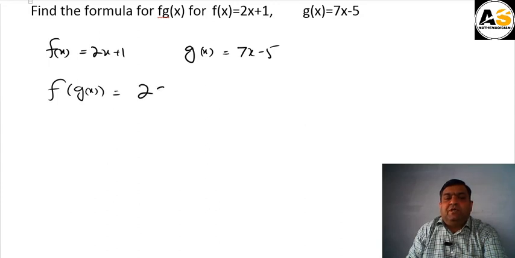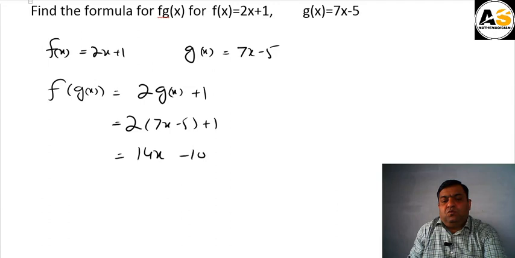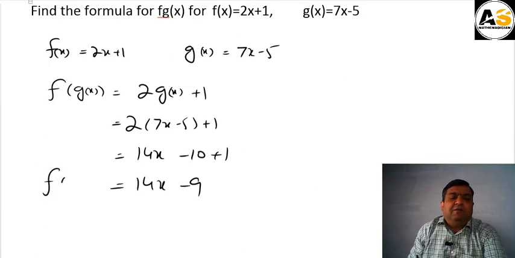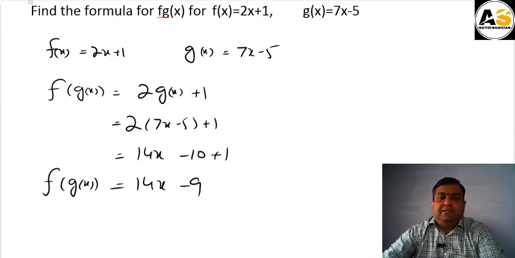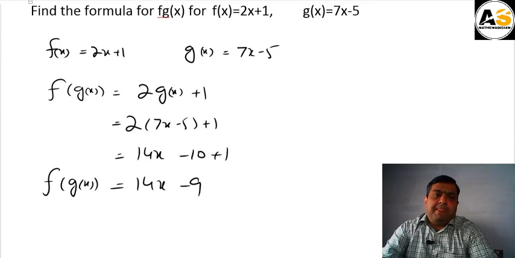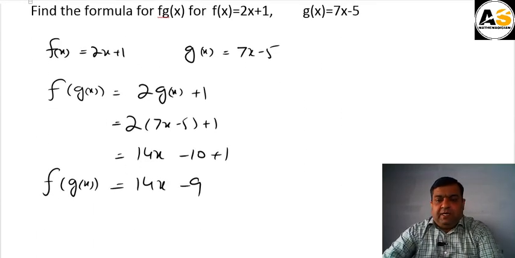This is 2 times g of x plus 1, which is 2 times 7x minus 5 plus 1, further simplified to just performing the basic arithmetics, and we will get value of f of g of x. So this was our second question as far as composition of function is concerned.